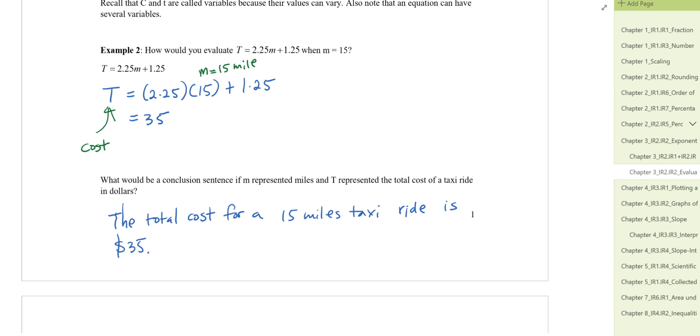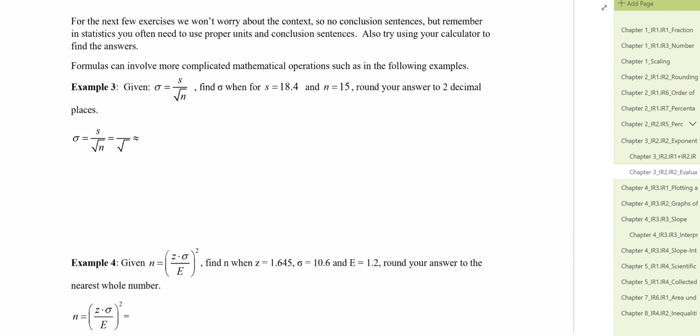So I can say the total cost for a 15-mile taxi ride is $35. Now, for the next few exercises, we're not going to worry about the context, so no conclusion sentence is needed. But remember, in statistics, you often need to use proper units and a conclusion sentence. Also, try to use your calculator to find the answers.